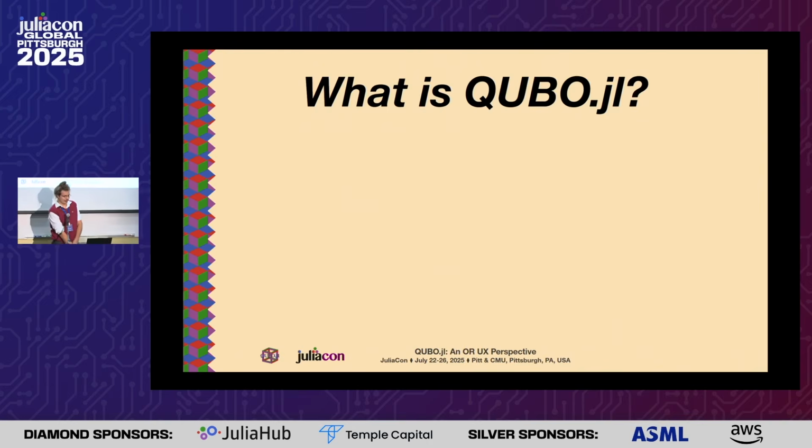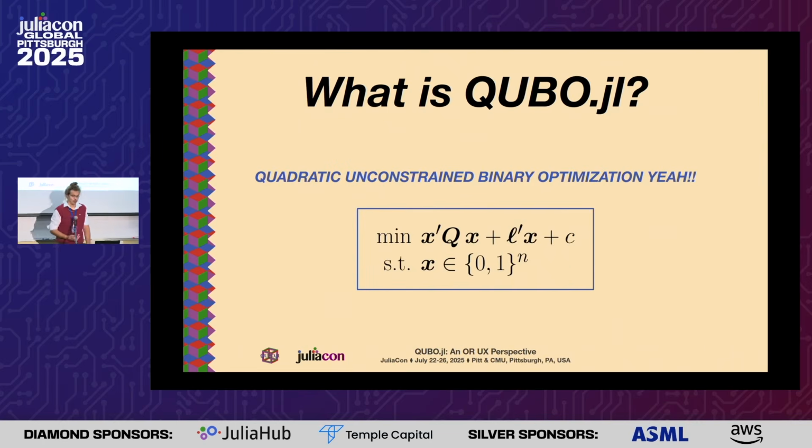So what is Cubo.jl? First of all, what is Cubo? Cubo, as many people here might be familiar, stands for Quadratic Unconstrained Binary Optimization. And it's the main mathematical framework through which many of the quantum devices and also other physics-inspired devices have been communicating. So many of them are capable of addressing this specific mathematical formulation.